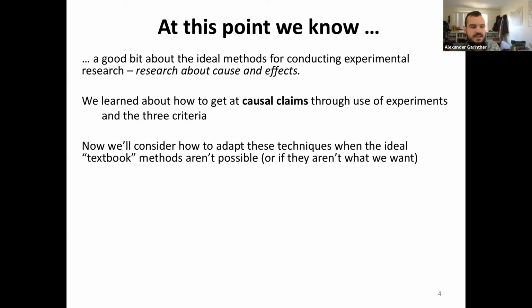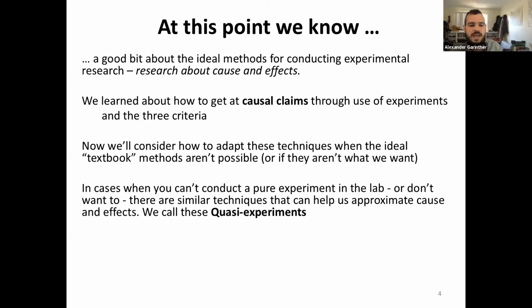And usually people introduce this topic by saying we can't or don't have access to perfect lab studies, but sometimes you don't want to run a lab study. You want to look at natural variation that's occurring in the real world and do your best to approximate these group comparisons that we make when we have random assignment to groups.